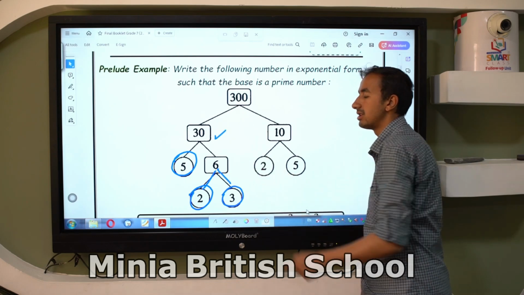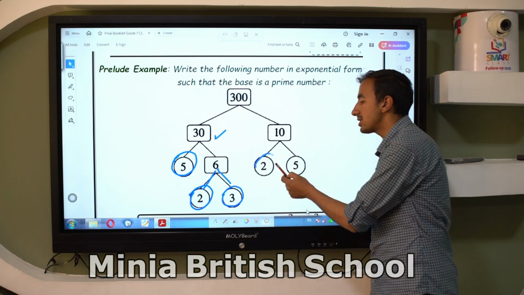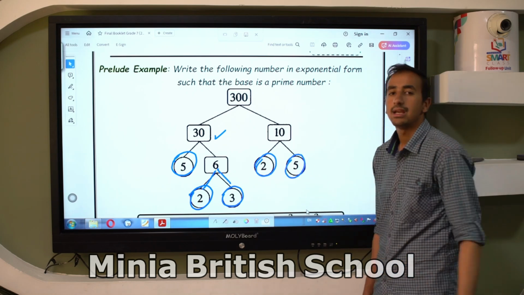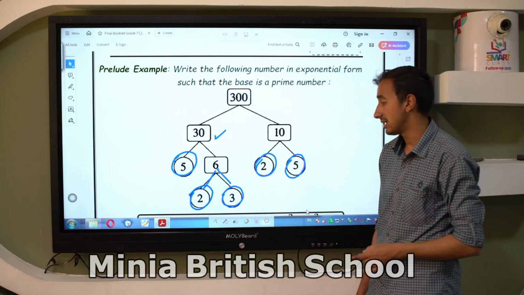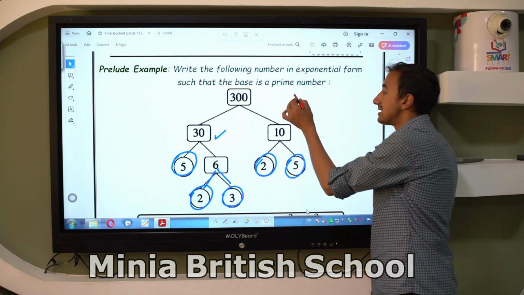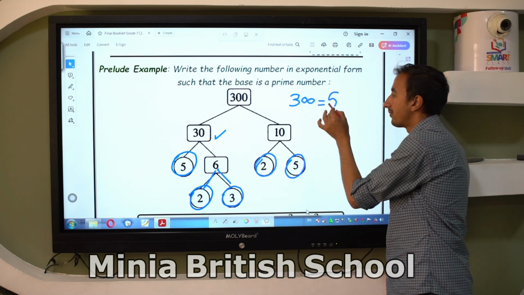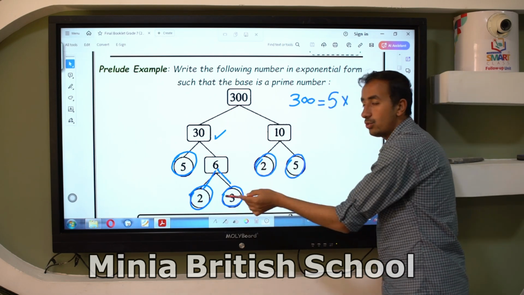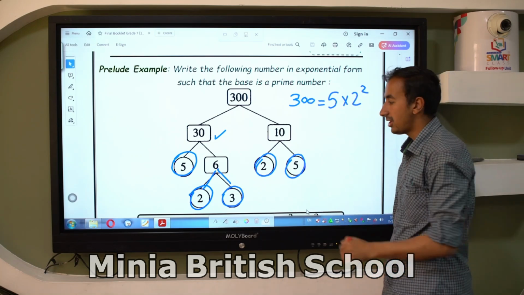That is 30. But 10 is also not a prime number. I can decompose it into 2 times 5, which are prime numbers. So I have 5 times 2 times 3 times 2 times 5. I can write 300 equal to 5 times 5, which is 5 power 2, times 2 times 2, which is 2 power 2, times 3.